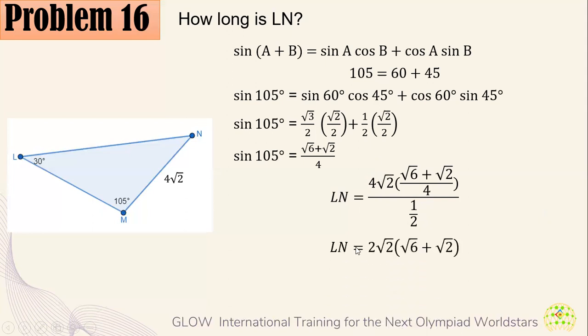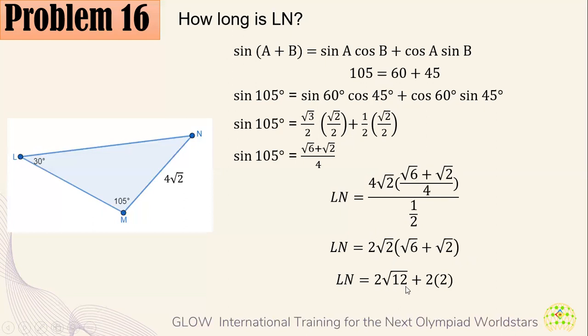Hence, we have ln equals 2 square root of 2 times square root of 6 plus square root of 2. If you multiply that, that becomes 2 square root of 12 plus 2 square root of 2. That's by distributive property of multiplication over addition.